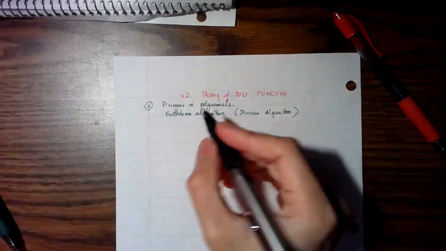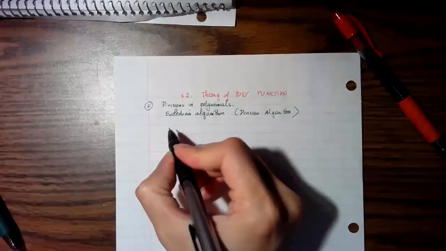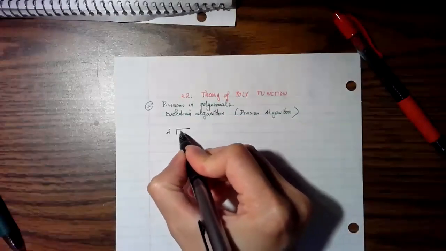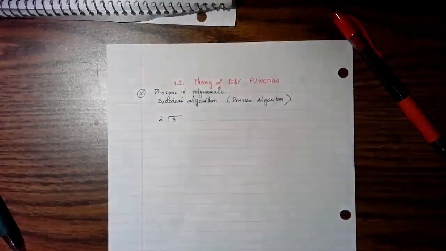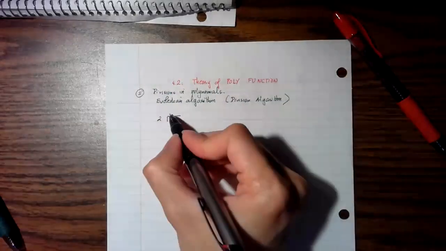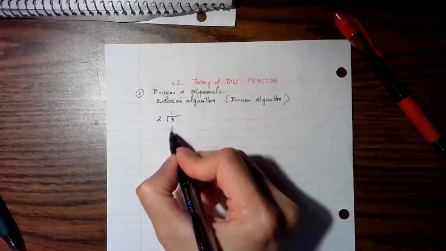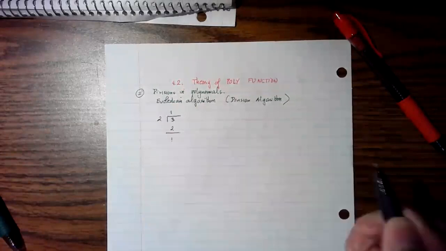Now, back in the day when you learned division, right? For example, you divide 3 by 2, 2 goes into 3, right? So like this. Then how many times? 1 time, right? Then you multiply them back, give you 2, and you do subtraction, give you 1 left.